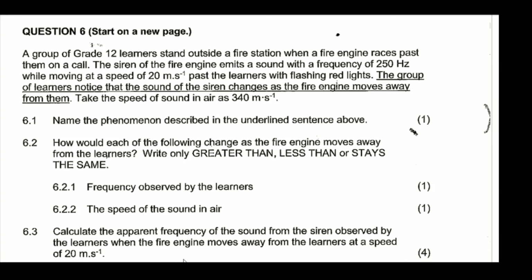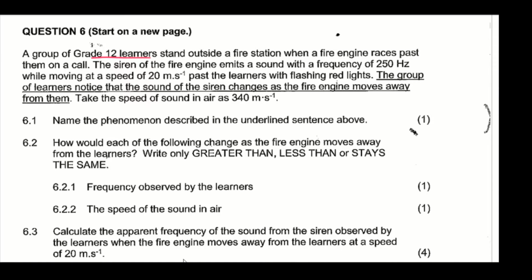We're going to do question 6. The statement reads as follows. A group of grade 12 learners stand outside a fire station when a fire engine races past them on a call.